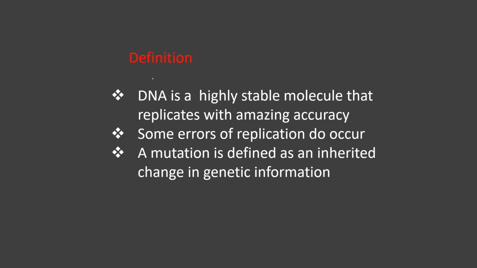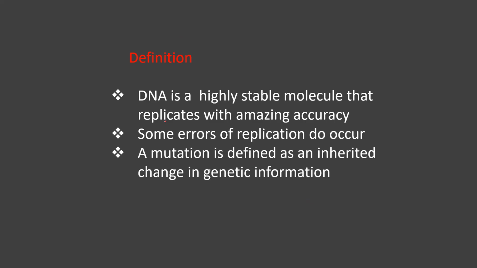Now, obviously, mutation is going to have to occur within the genetic information inside the cell. So no surprise, we need to talk about DNA, okay? As it says here, DNA is a highly stable molecule that replicates with amazing accuracy.